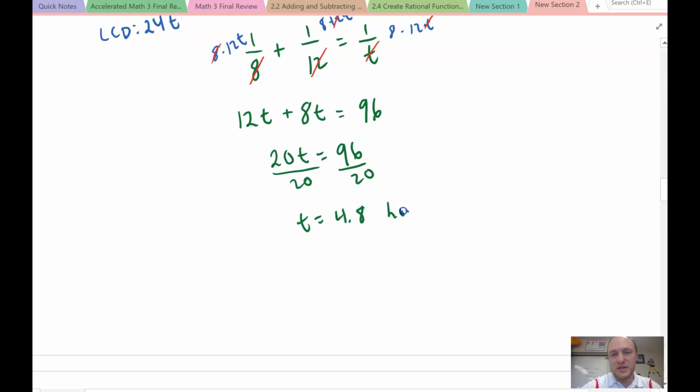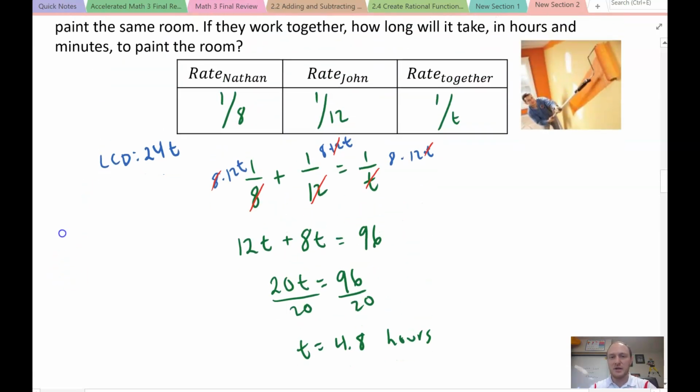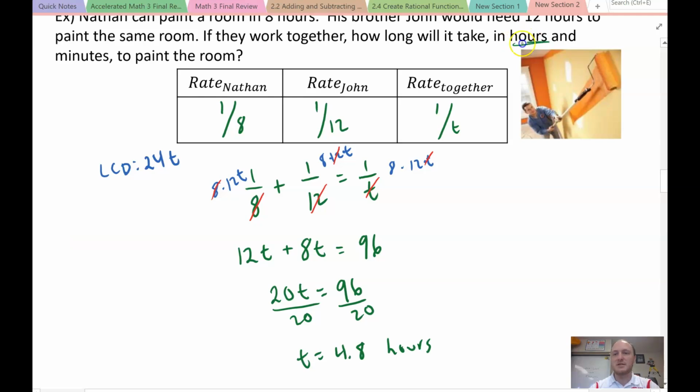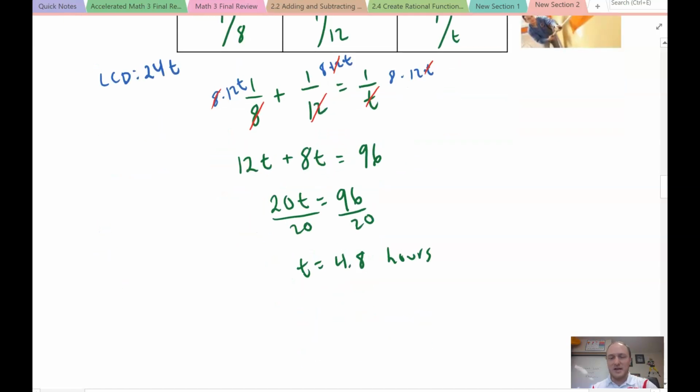And it's important to note that this is in hours, okay? The problem wants to know how long will it take them together in hours and minutes. Hours and minutes. So what we can do is, I know the hours, right? I know it takes them 4 hours.